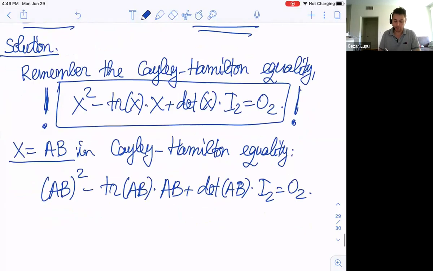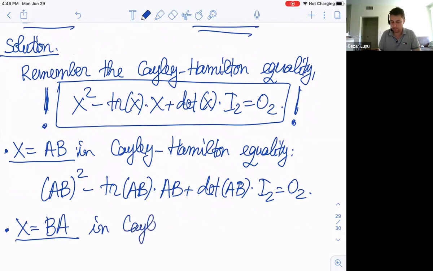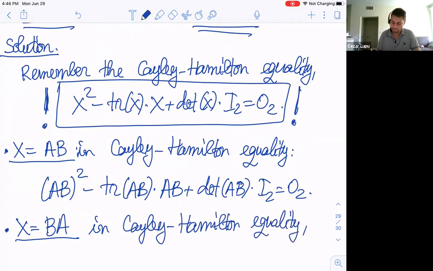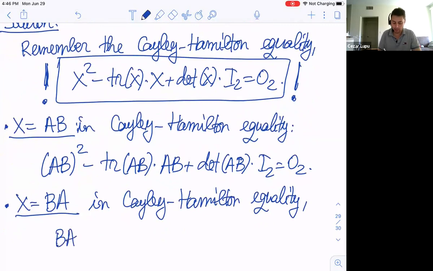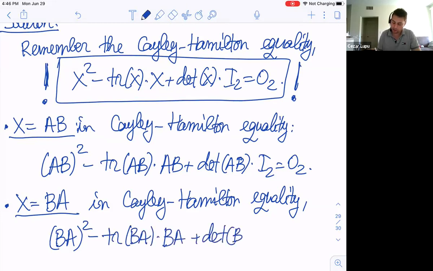Now I'm going to do the same thing for X equals BA, again in the Cayley-Hamilton equality. We have (BA) squared minus trace of BA times BA plus the determinant of BA times the identity is the null matrix.